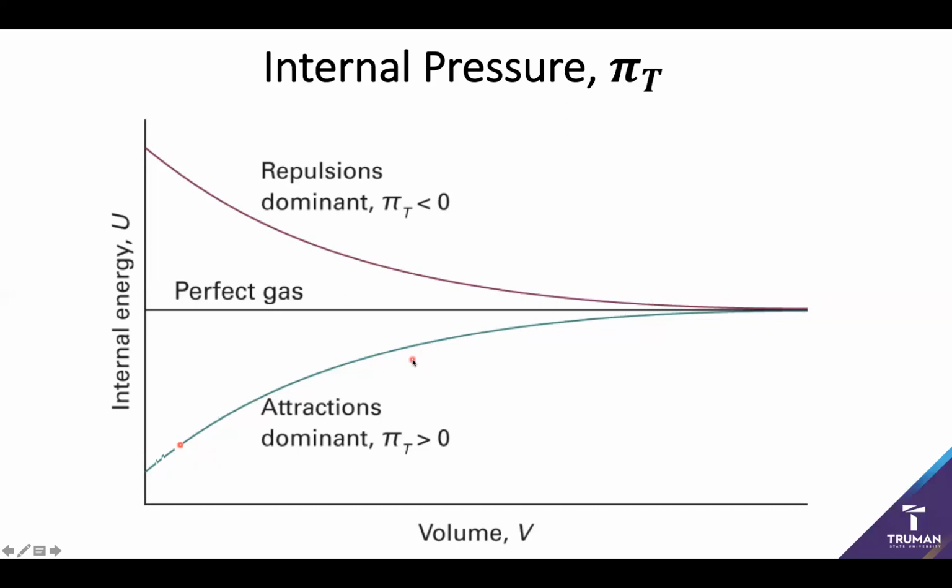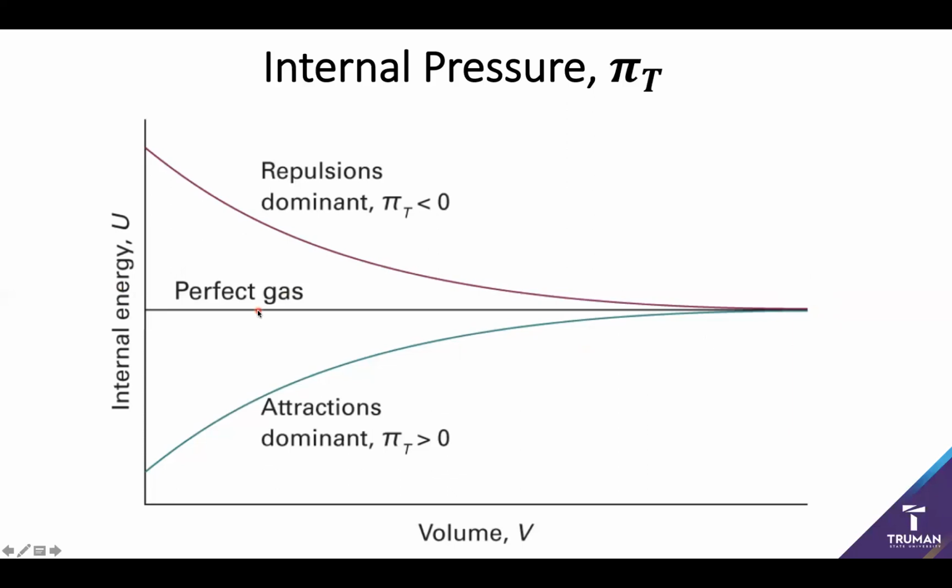However, the more I've expanded the system, the less those IMFs are controlling because the gases just aren't seeing each other. Until again, like with a repulsive condition, the gas molecules are so far away from each other that all interactions occur as pretty much inelastic collisions, giving me back a perfect or ideal gas.